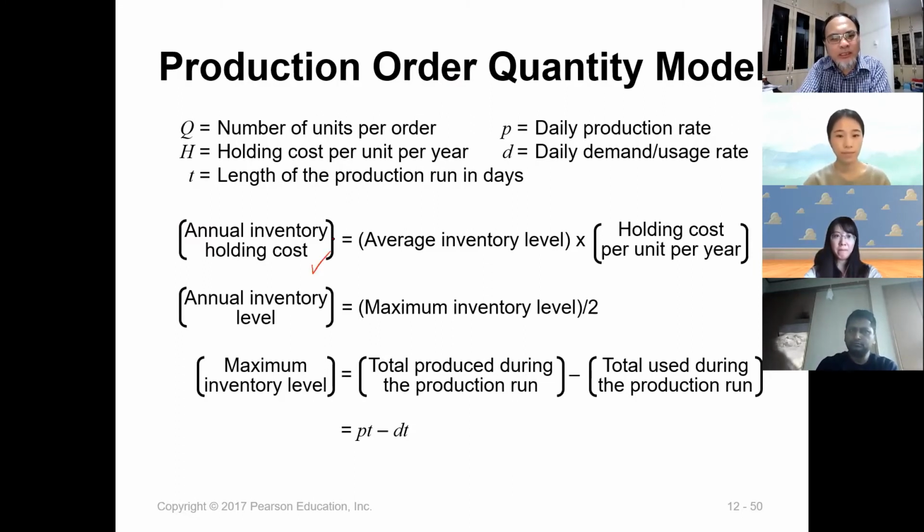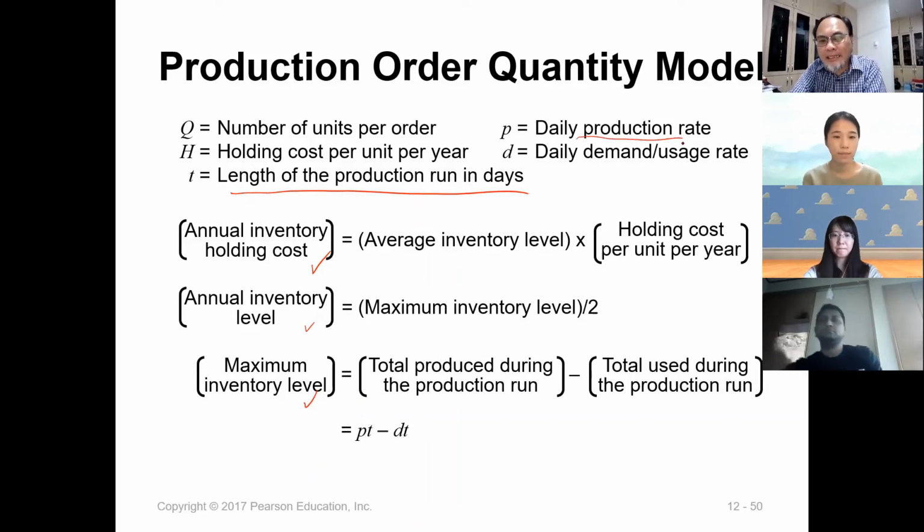You still need annual inventory holding cost. You still need annual inventory level and also the maximum inventory level given by these formulas. And I'm not going to go into the detail. There is the number of days in production. And there is the holding cost, production, daily production rate, small p.